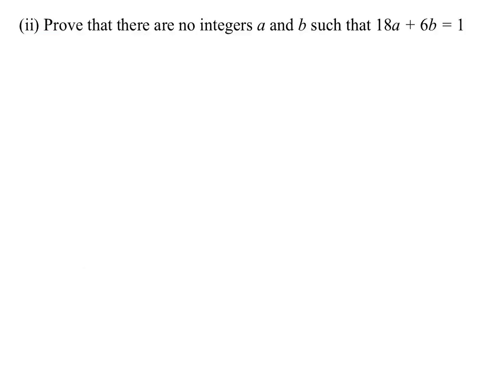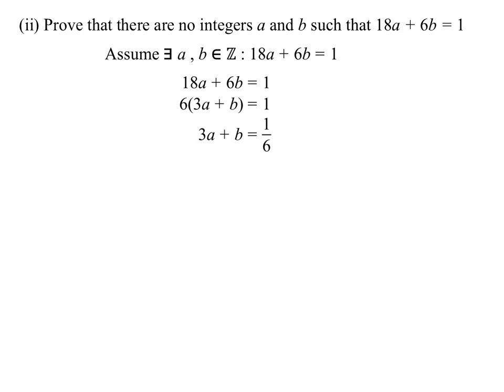We're going to prove that there are no integers a and b such that 18 times a plus 6 times b is equal to 1. That just can't happen. We'll assume the negation of that. So what I'm going to assume is that there does exist a and b, some pair of integers, such that 18a plus 6b is equal to 1. Alright, so 18a plus 6b is equal to 1. If I factorise that and then divide by the 6, I get that 3a plus b is equal to 1/6.